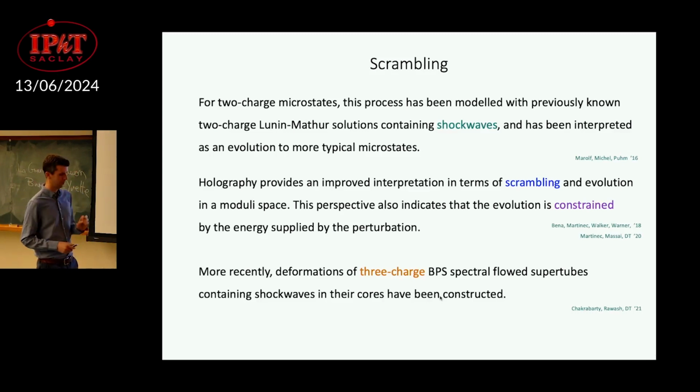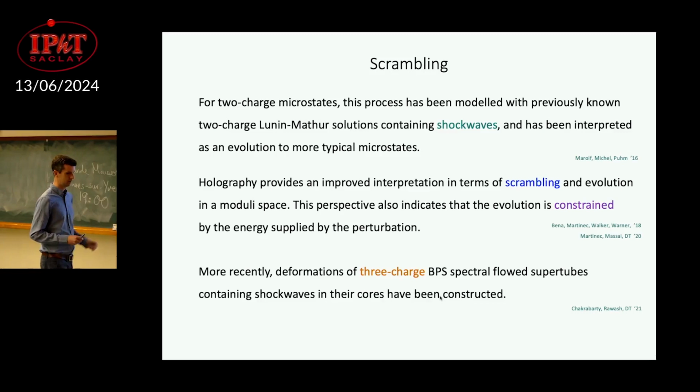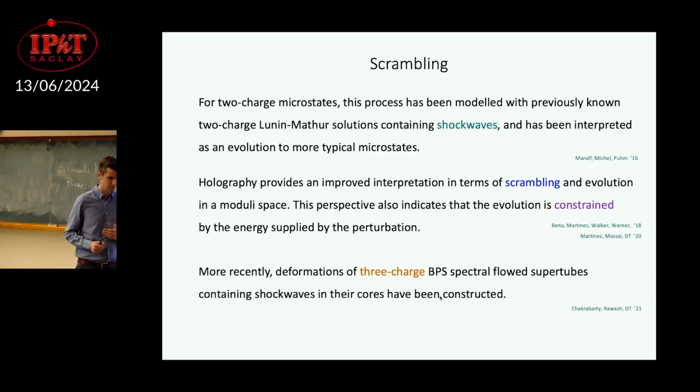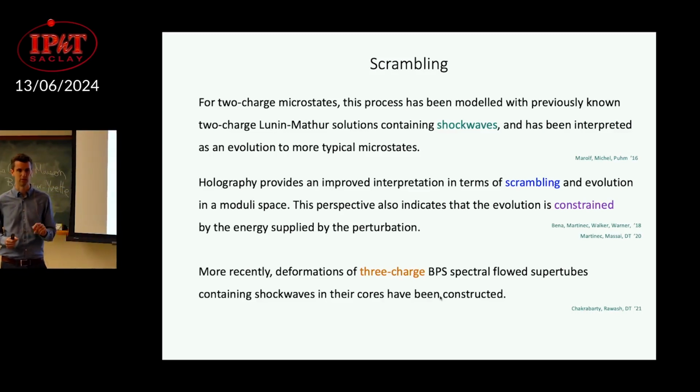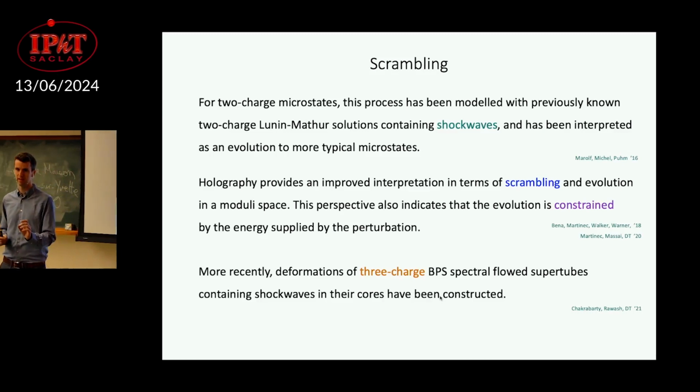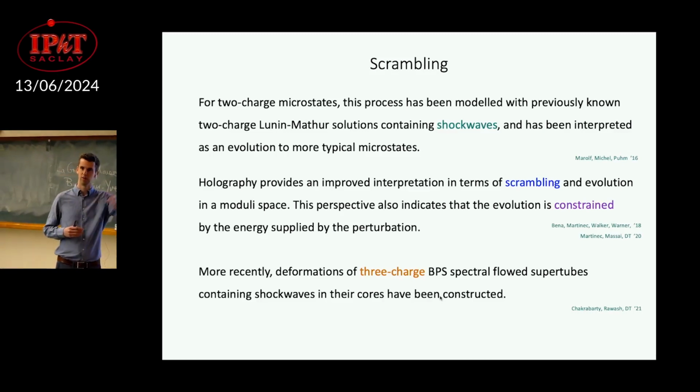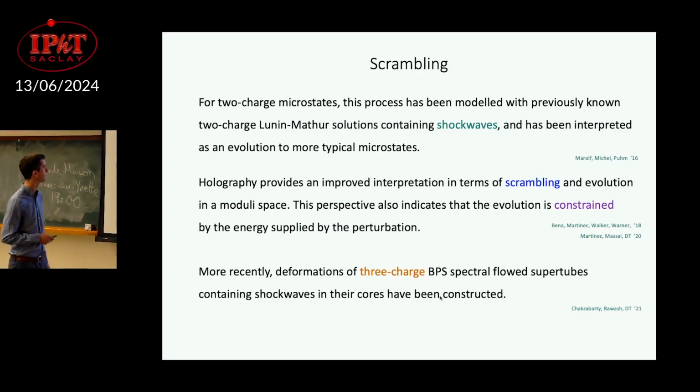If one thinks holographically, one gets a better perspective on this scrambling phenomenon, where the ability of the background to scramble and lower its angular momentum is constrained by the energy you supply. If you give it just a tiny kick, it cannot run away and radiate all its angular momentum all the way down to zero. You need to either kick it repeatedly or give it a lot of energy, and then it has the chance to scramble into a larger space of nearby states.